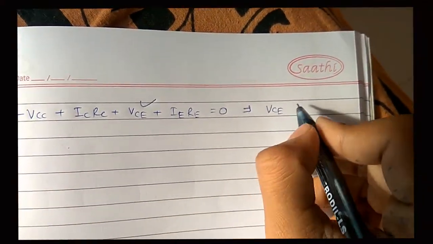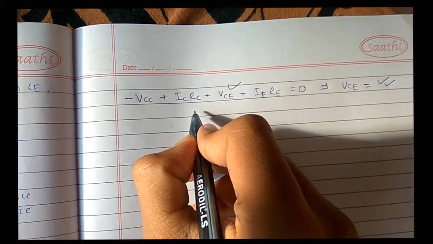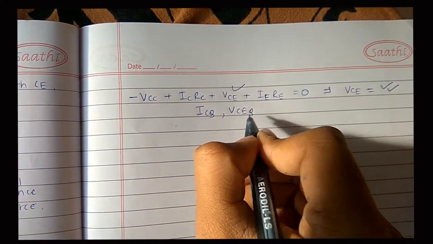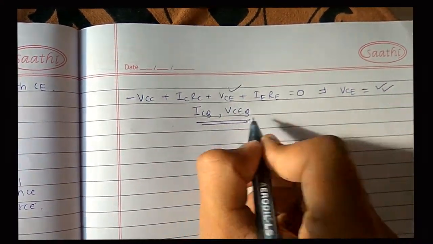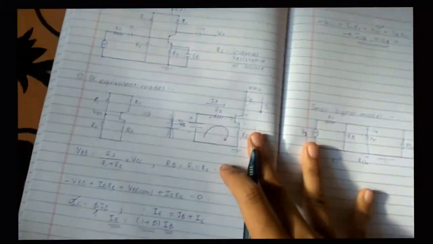That will give us VCE. So now we have both the Q point values, ICQ and VCEQ. If it is asked to find out the Q point values, you can easily find them using all these formulae.